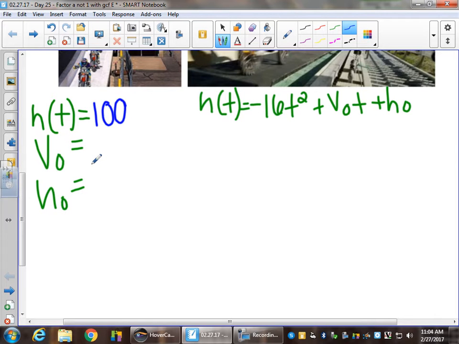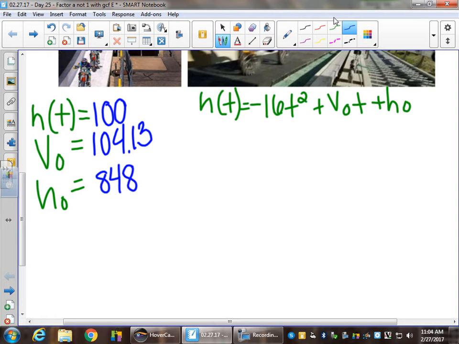What is my velocity? 104.13. And what's my starting height? 848.